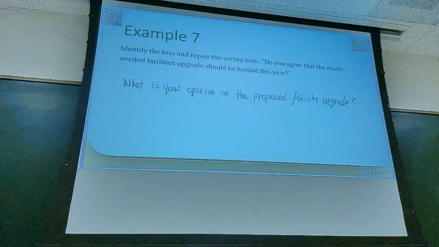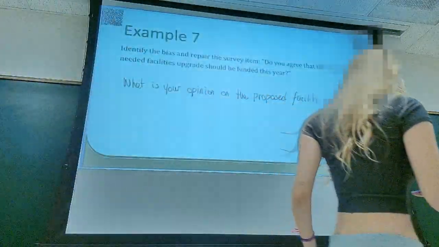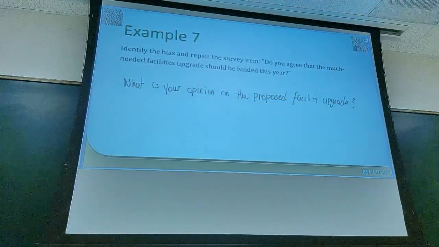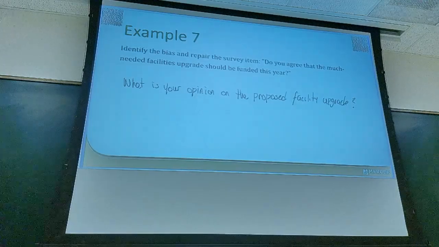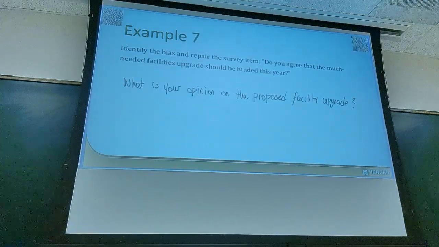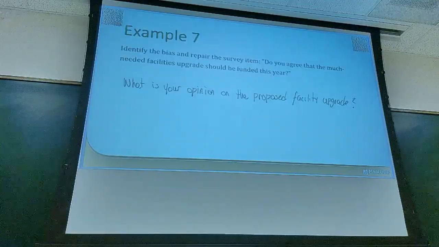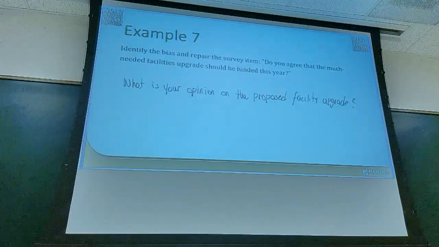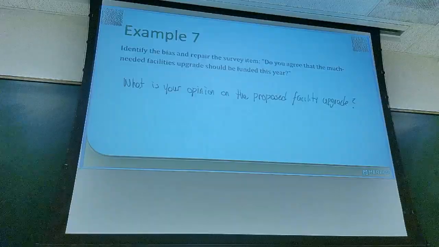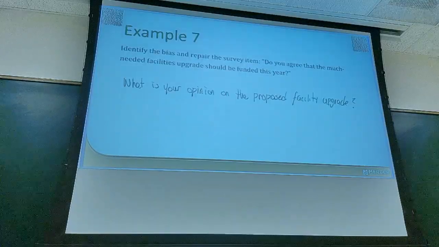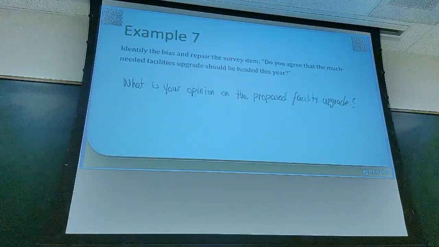And then maybe have it as one of those Likert scales, on a scale of 1 to 5. And you strongly disagree with the upgrades, or you go up to strongly agree with the upgrades. That, of course, does present its own problems. The people being asked actually have to know what the proposed upgrades are.